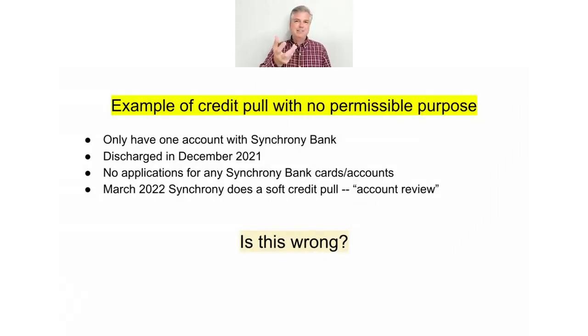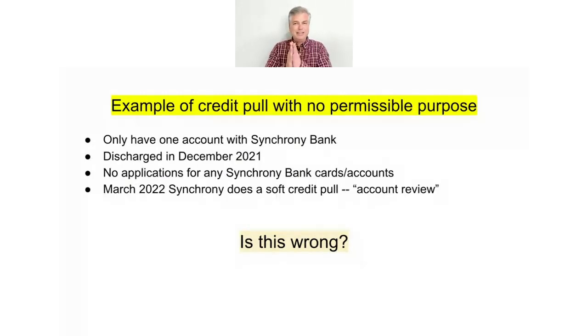And now that creditor says, well, I'm doing an account review. Well, my account's been discharged. Now, if I had 3 other Synchrony Bank accounts that were not discharged, well, they would have the right to pull my credit report. Okay. But this is something that it's sort of subtle in a way, but if you've gone through a bankruptcy, you want to look through those soft credit pulls and see, okay, well, why was Capital One pulling my credit report when I don't have a Capital One account anymore?